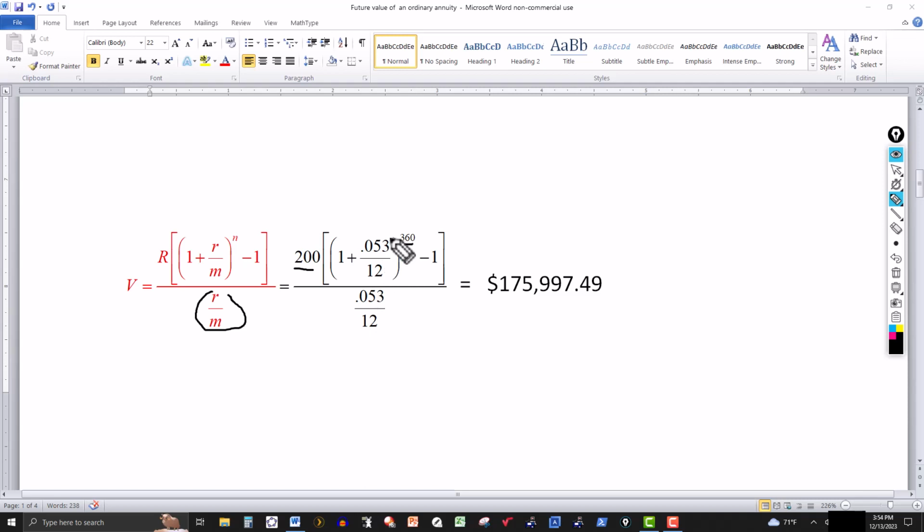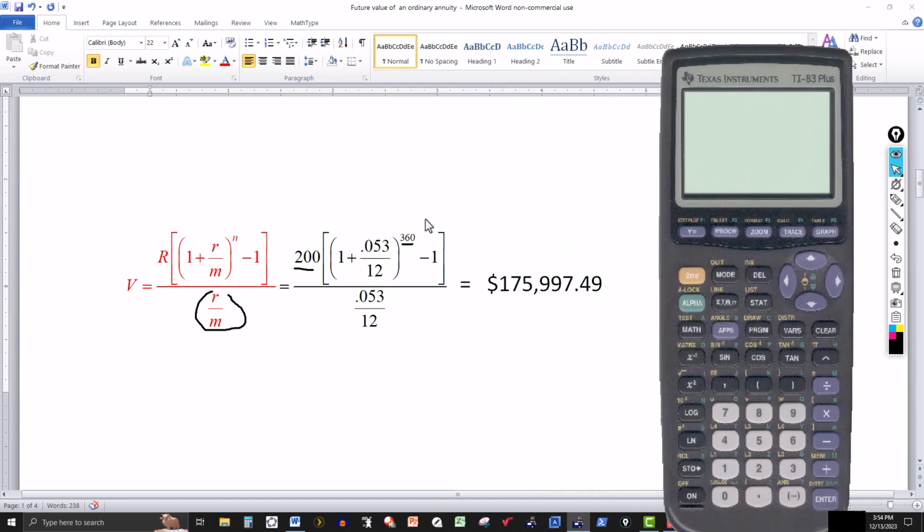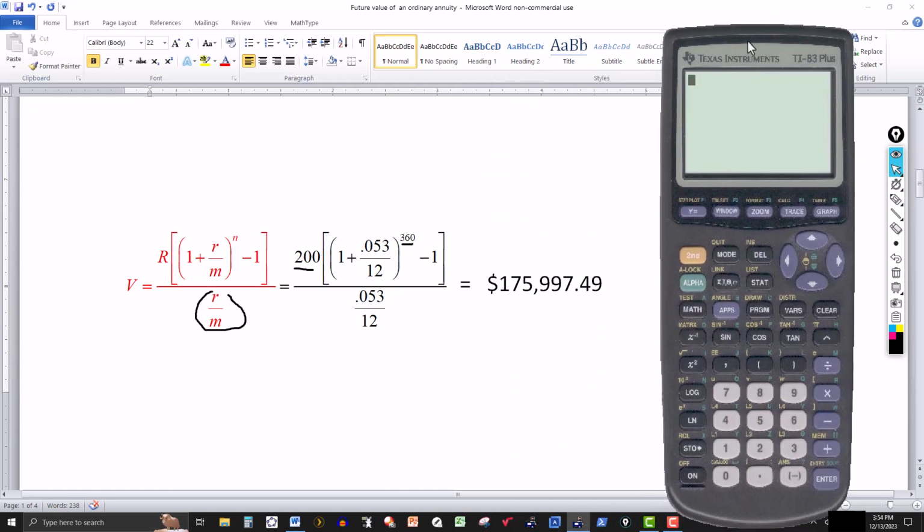And then the way I would calculate this on a calculator, so you don't have to round off until the end, is I would compute this part right here inside. So first I would calculate this in here.